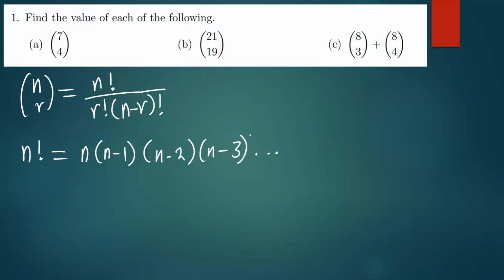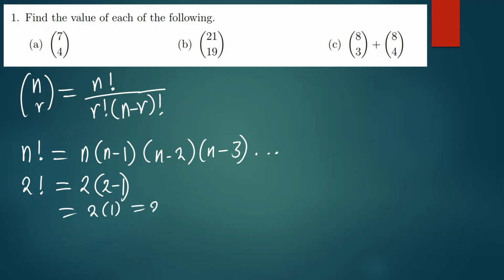In terms of numbers, if you're asked to find 2 factorial, the first number is the same n, which is 2. Then in brackets we have 2 minus 1, which gives us 1.